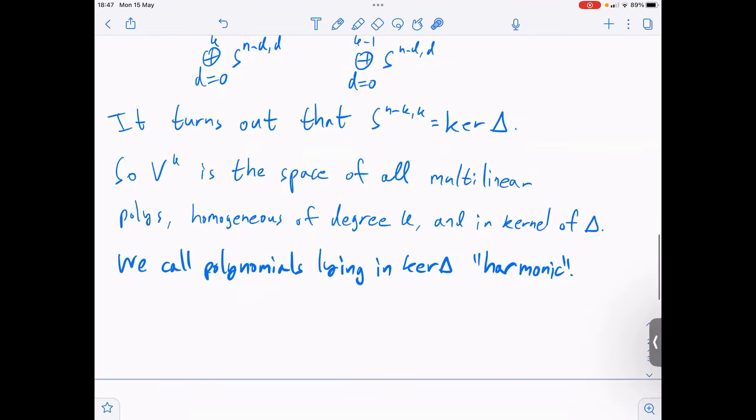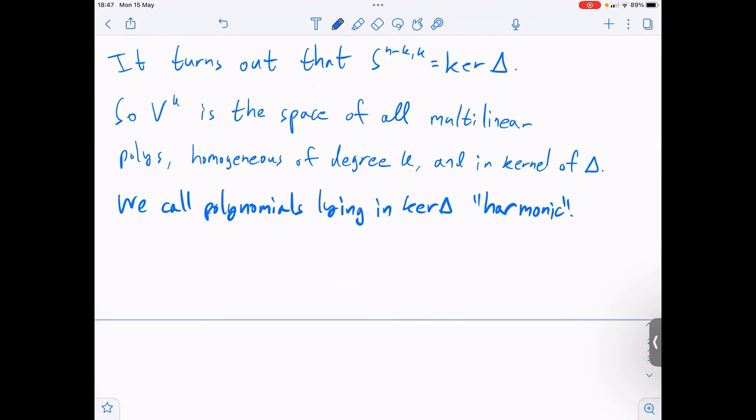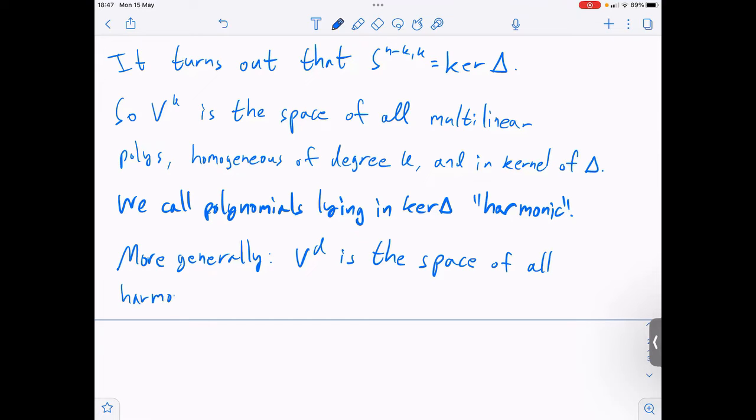So the end result, more generally, is that Vd is the space of all harmonic multilinear polynomials of degree d.